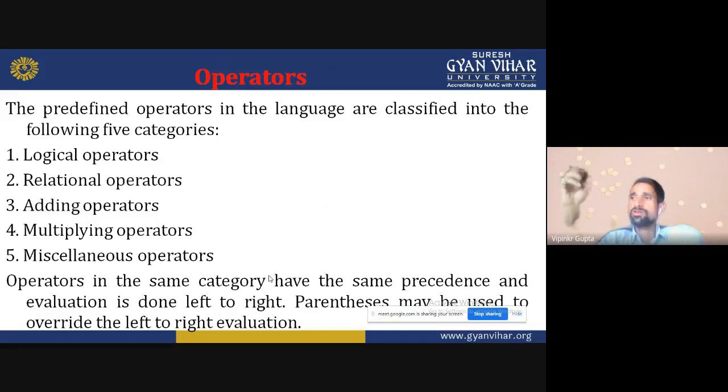Logical operator means logical operations can be performed. How many logical operations can we perform? AND, OR, NAND, NOT, NOR, XOR. These are the logical operators we can perform. Relational: which ones are relational? Equal, not equal. These are the relational operators. Adding: add two numbers or add two strings.